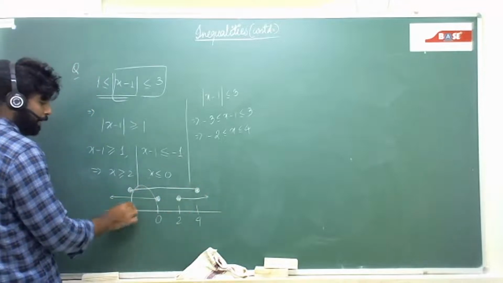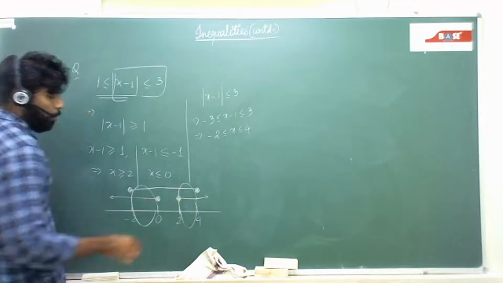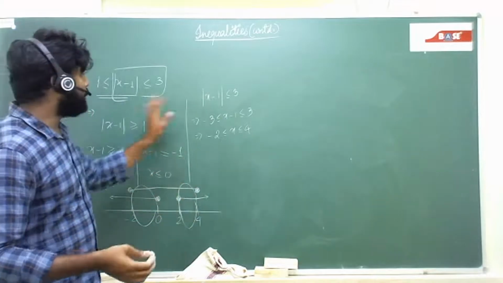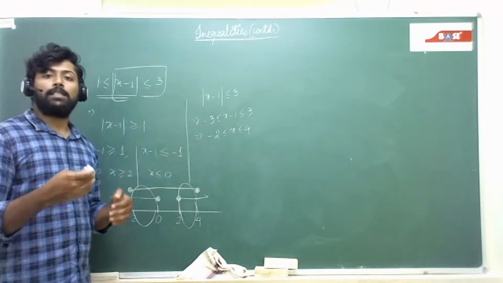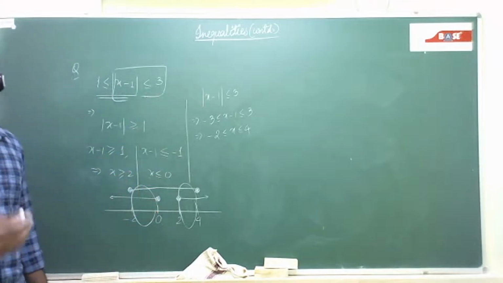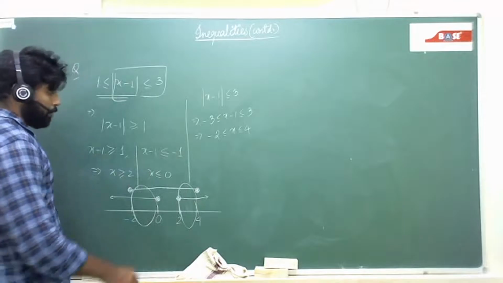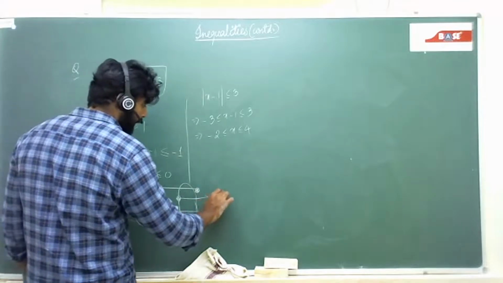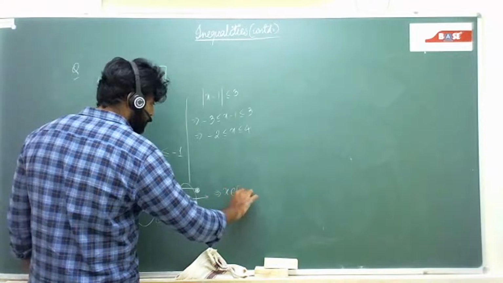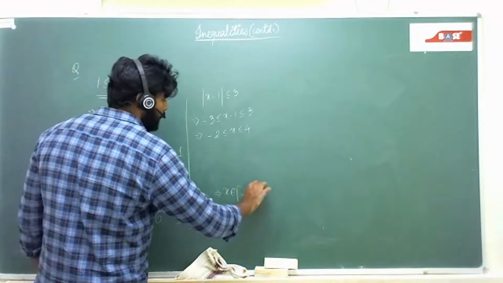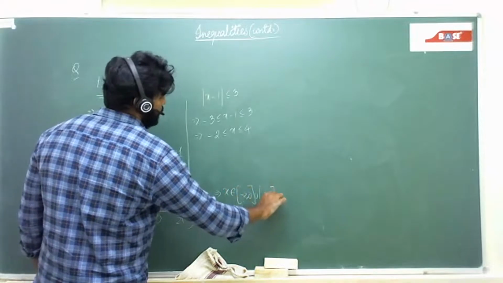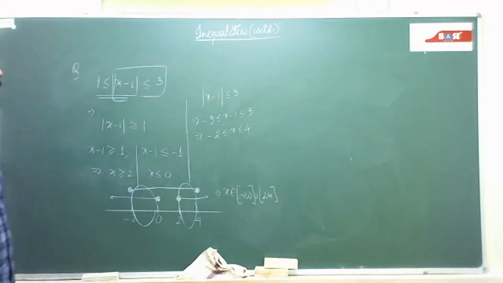We have to take the common region, the region where both of them are satisfied. Since we need both conditions, we have to take the intersection, the common region between them. So the final region is x belongs to [-2, 0] union [2, 4]. That's what we have.